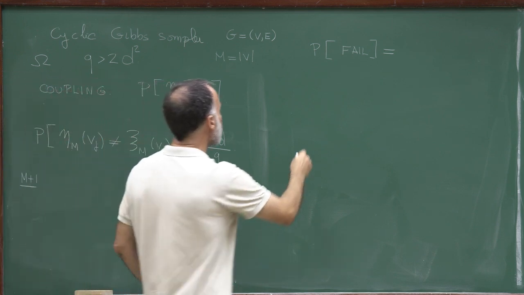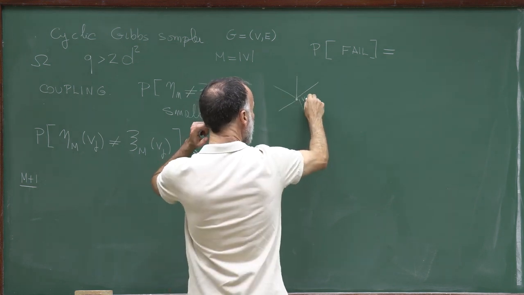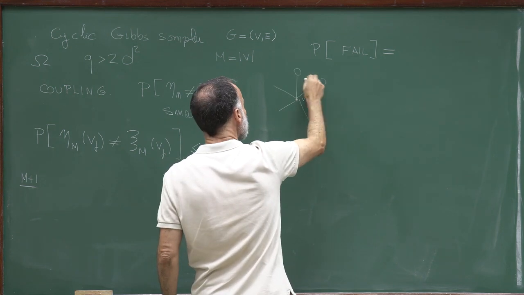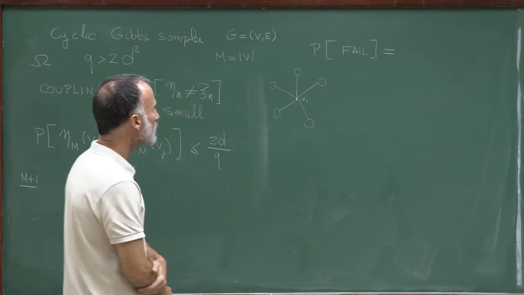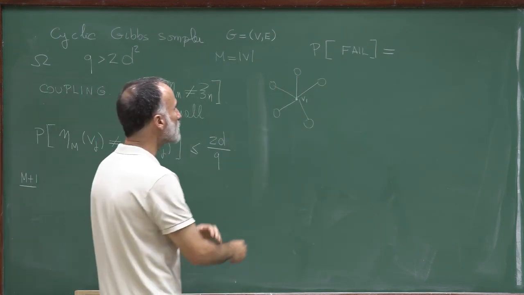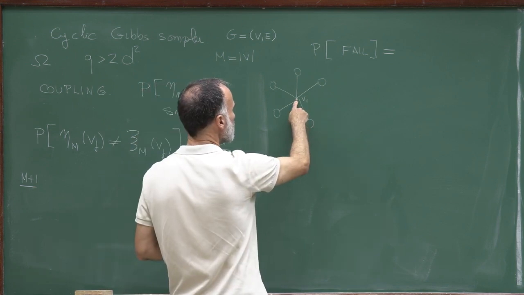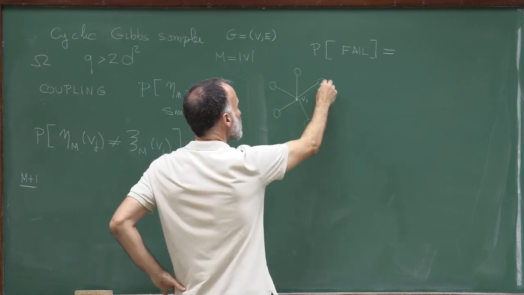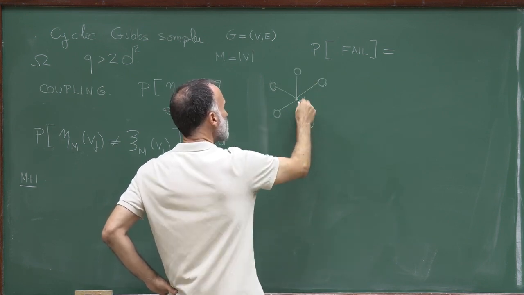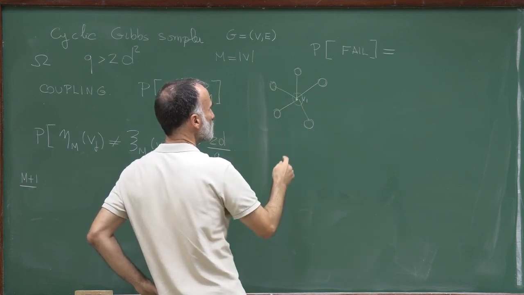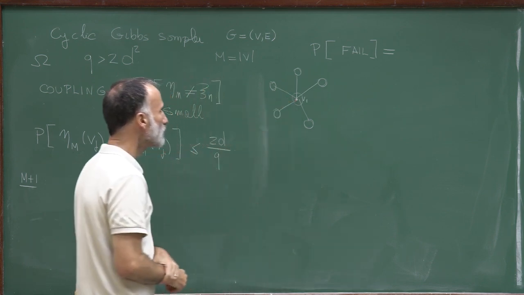Well, you see that if I look at the neighbors of V1, and if the colors of eta and psi coincide at all neighbors, then with probability 1, I can update the colors in such a way that they keep the same color at site V1. So let me repeat, if the colors of eta and psi are equal at the neighbors, then I can update the color at V1 in such a way that eta and psi will have the same color after the updating.